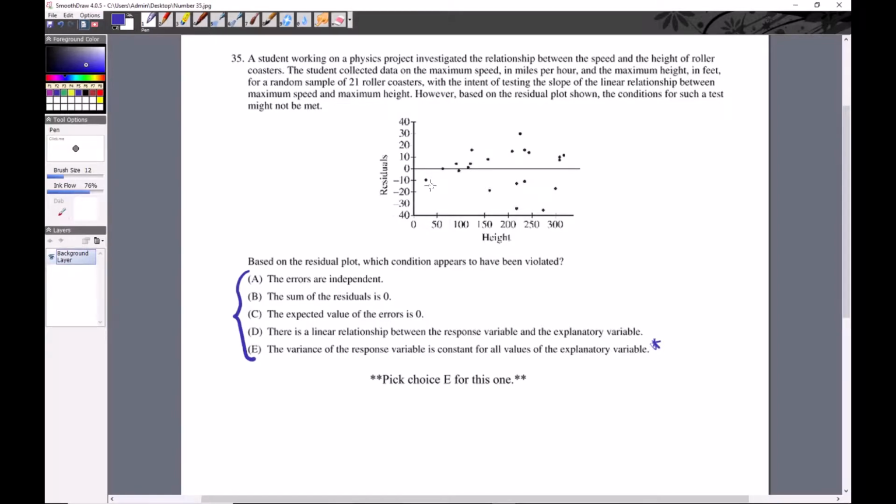What they're saying is that this should be a fairly constant spread, but if you look at it, it is trumpeting out, and the spread is increasing throughout the residual plot. So this one is violated, and E is the right choice. On to the next one.